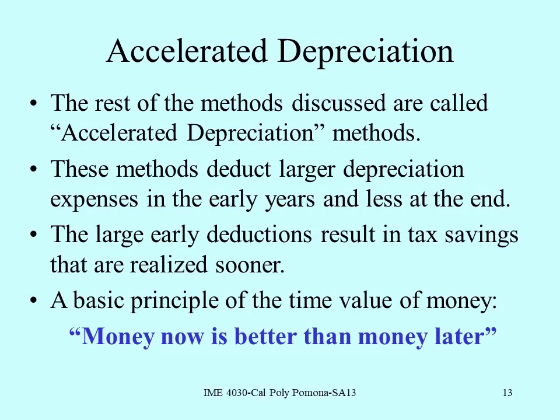The advantage of that is that we get more tax savings at the beginning of the project. And those early tax savings give us more cash flow, and that's more money for us to use and for us to invest. And that goes along with a basic principle of the time value of money that we've learned, and that is that money now is better than money later. So accelerated depreciation is a good thing for the company.